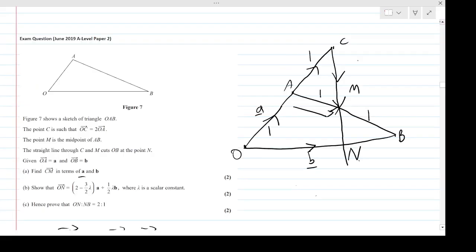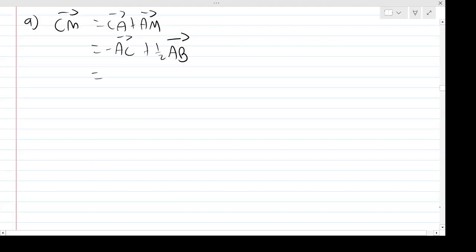I'm not given that information. But what I do know is that A to C is one part of the line from O to C, so it's going to be a half of OC. So minus a half of OC, add a half of AB.